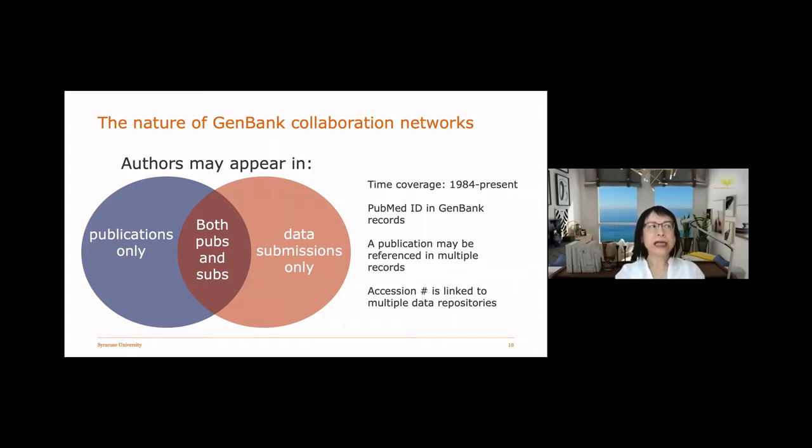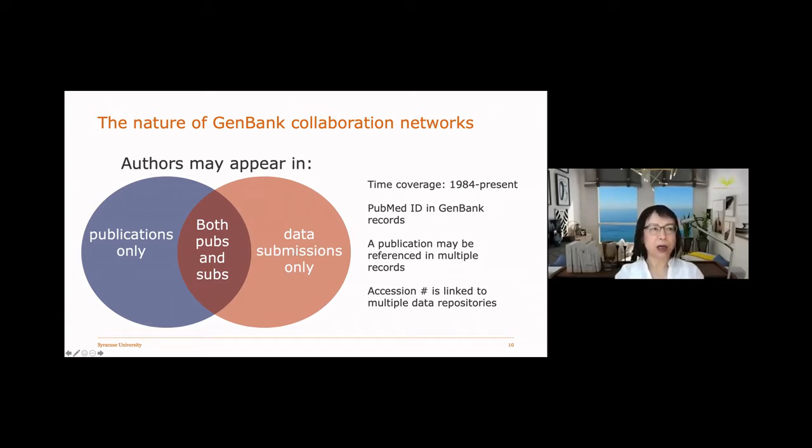So the nature of the GenBank metadata collaboration networks is like this. For all the authors, some authors will be in the publication network only. Others will be in data submissions only.